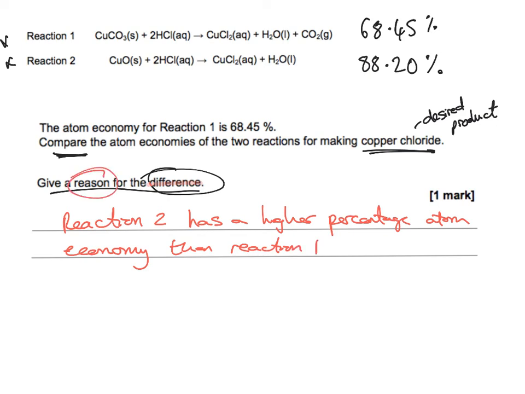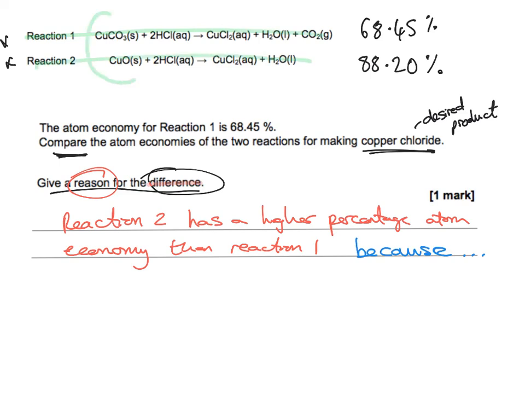It says give a reason. So I've not actually got the mark yet because I've not actually answered the question. So the reason is because. Even if you're not 100% sure, you've got to use the information you're given. And the information you're given are the 2 reactions.